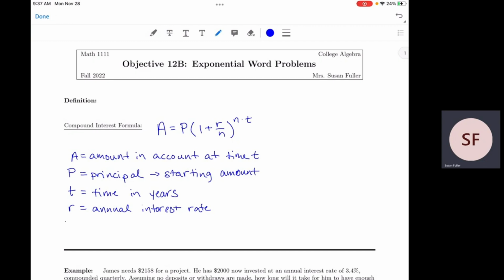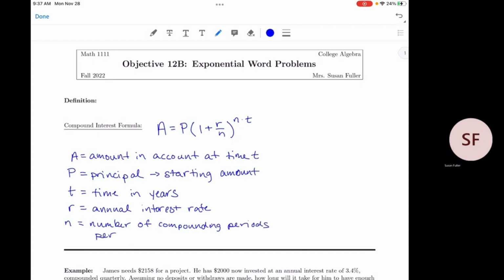And then N is the number of compounding periods per year. Basically, compounding periods mean how often interest is calculated and added to the account.